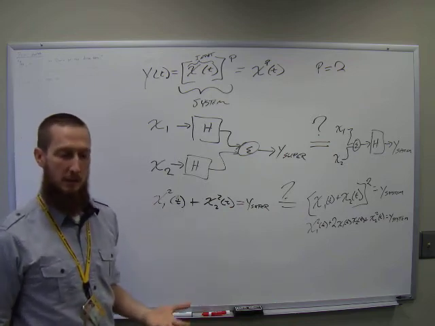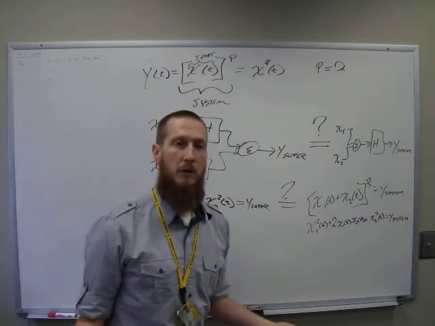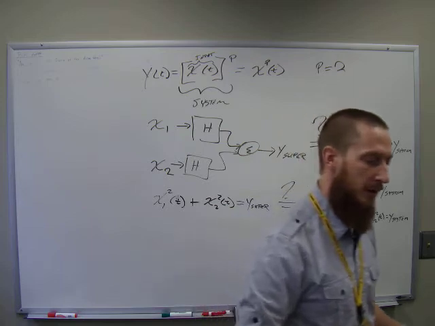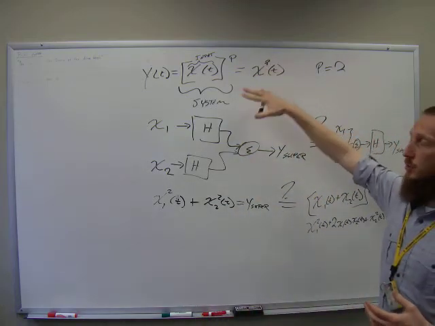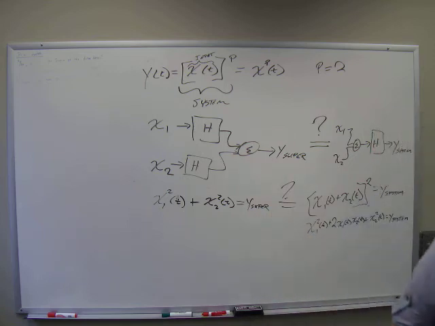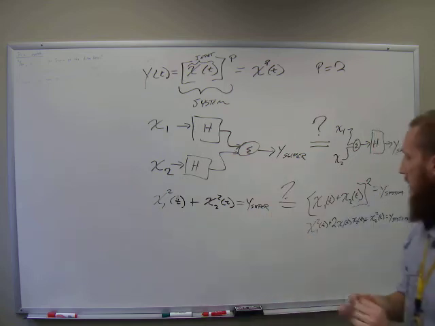The system is not linear. From our previously known definitions of linearity in mathematics, we can pretty much see from the input we're squaring it. It's not linear. So, this system is not linear.